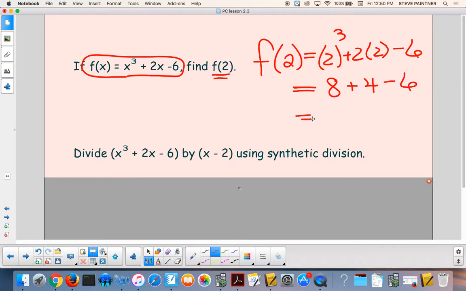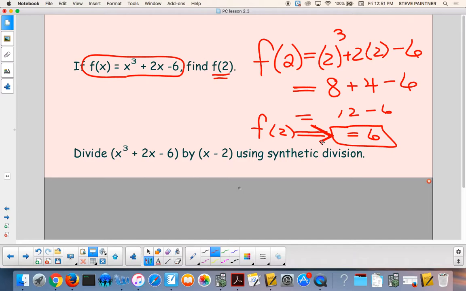You guys getting 6? 12 plus 12 take away 6 is 6, okay? So f of 2 happens to be 6.